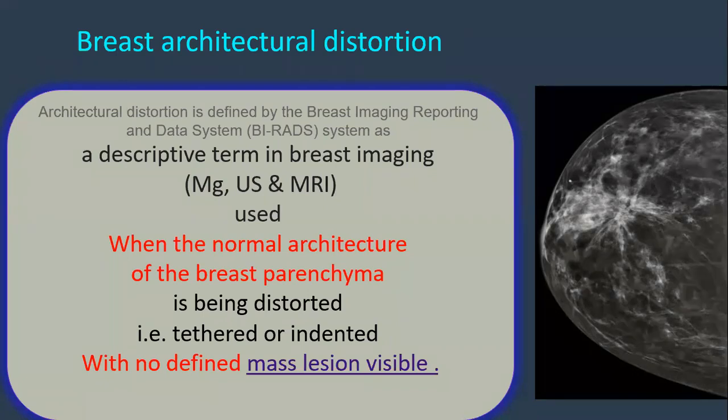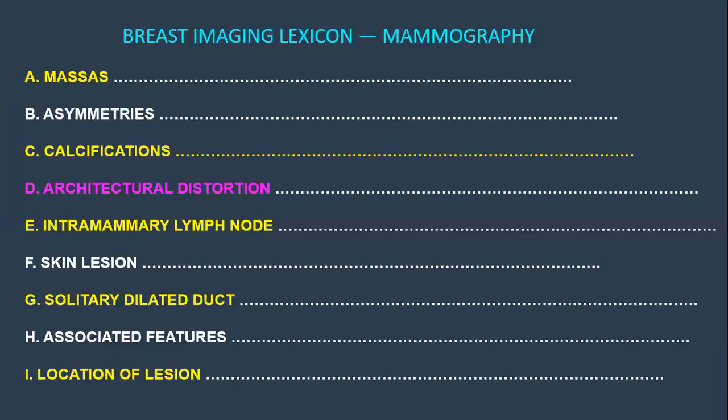That means it's being tethered, angulated, indented, without a defined mass lesion visible. Then we call it architectural distortion.